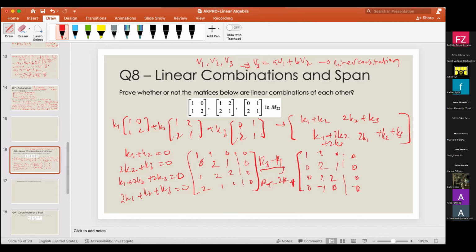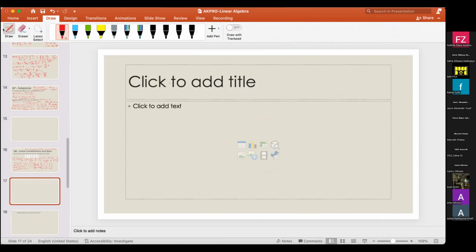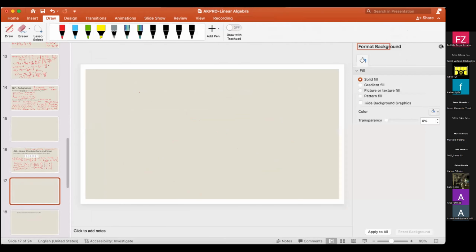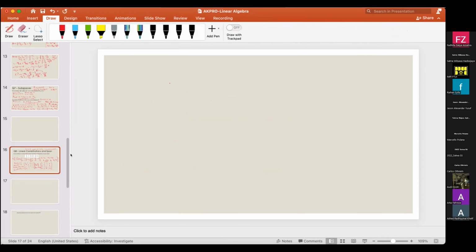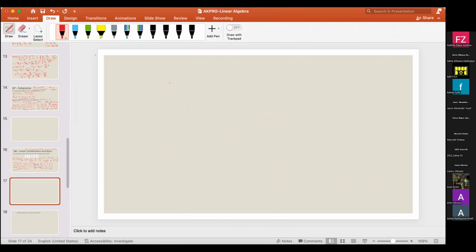And so we officially have our second row. Let me just add a new slide. So this will be 1 minus 1, and 2.